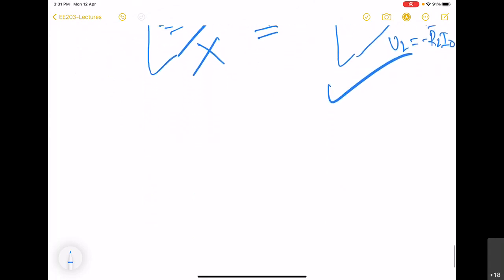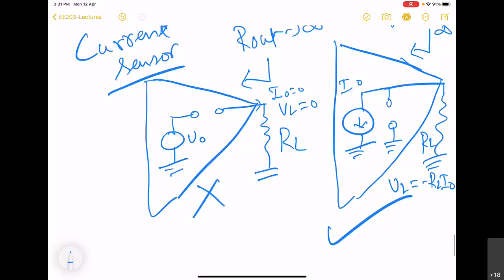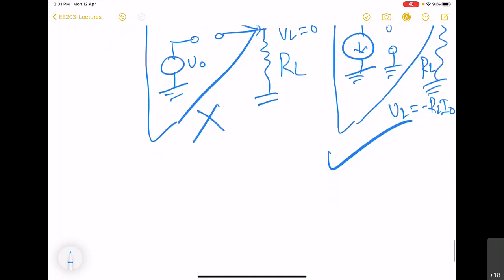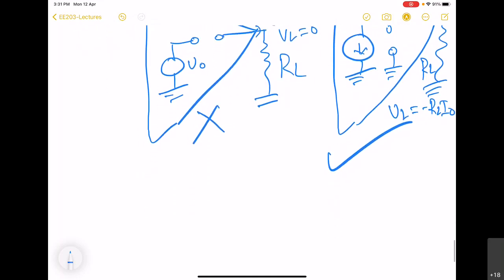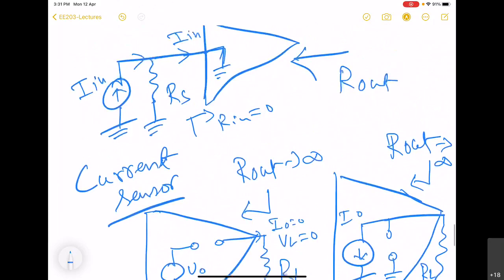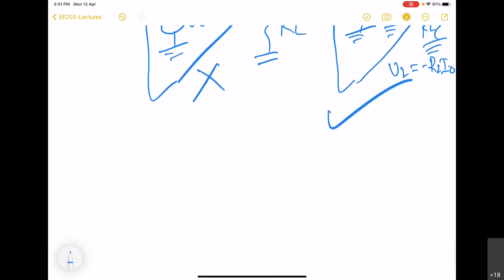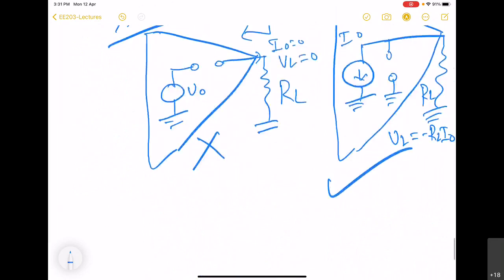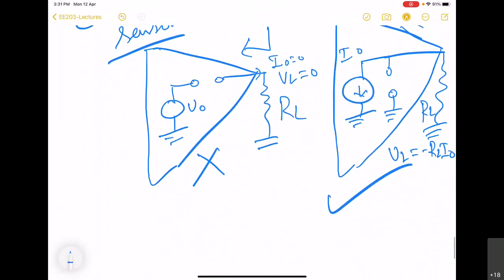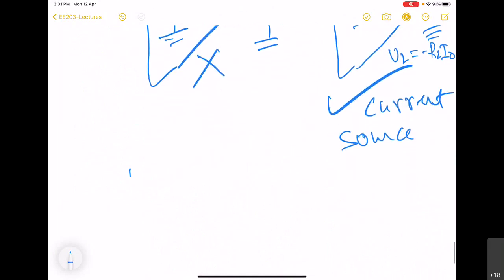And here is this output current IO. We have already seen that it will be sensing input current on the input side, and now we have concluded that it will be like a current source on the output side, where I naught we will be calling AI into the input current.